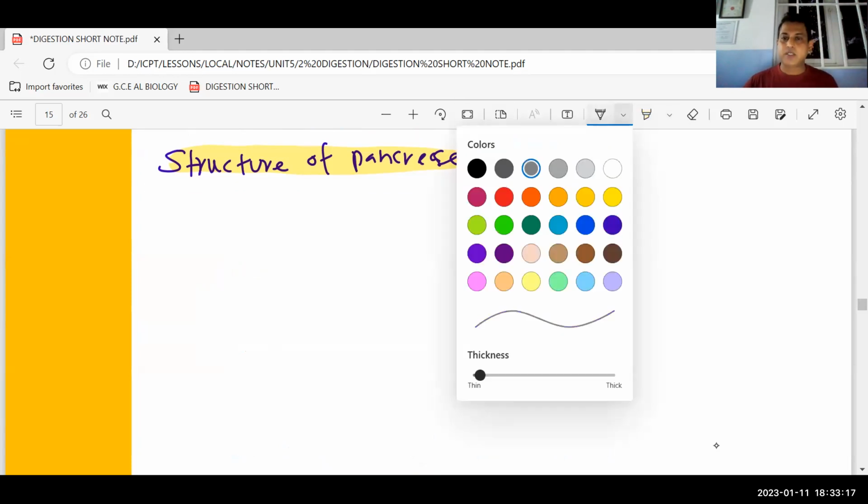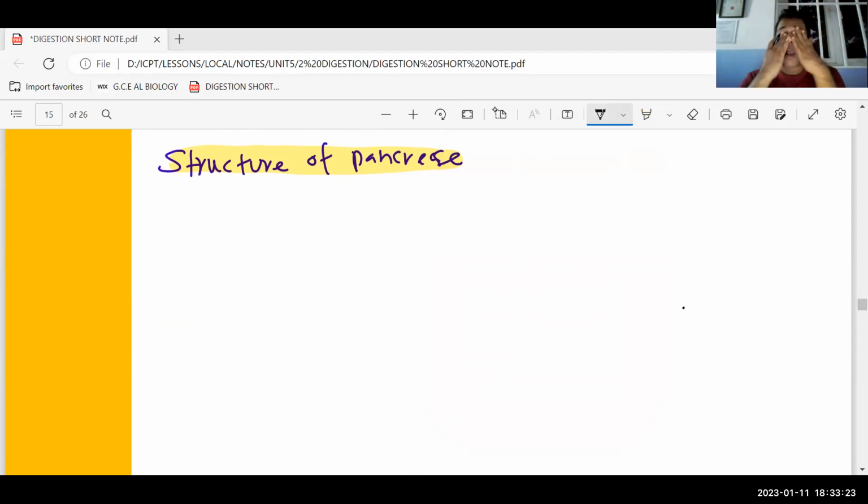Gross appearance means not microscopic appearance. How can we see it if we look by the eye?